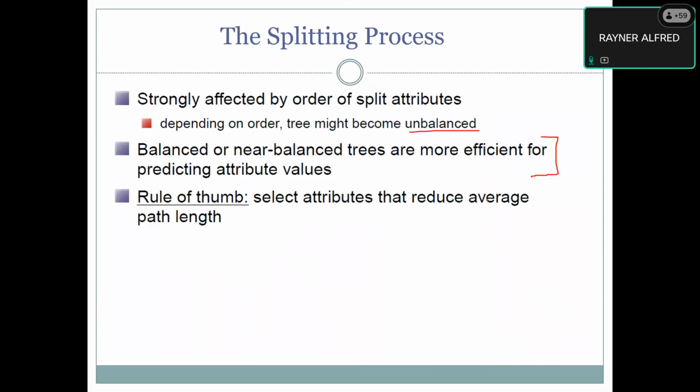Okay, so we need to have a balanced or near balanced tree. The rule of thumb is to select the attribute that reduces the average path length.